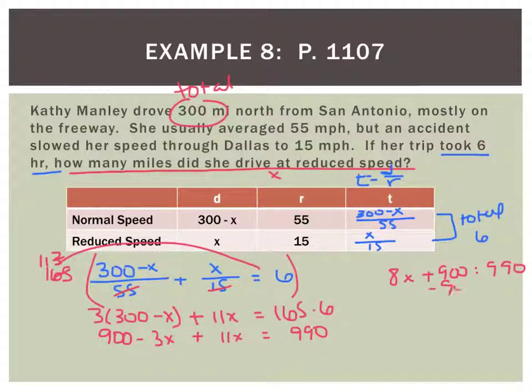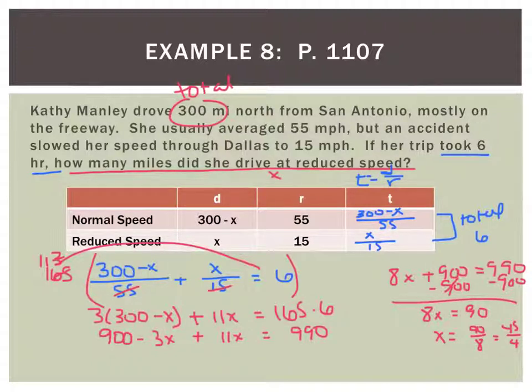Then when we subtract the 900, I get 8x equals 90. So x equals 90 over 8, which is 45 over 4.